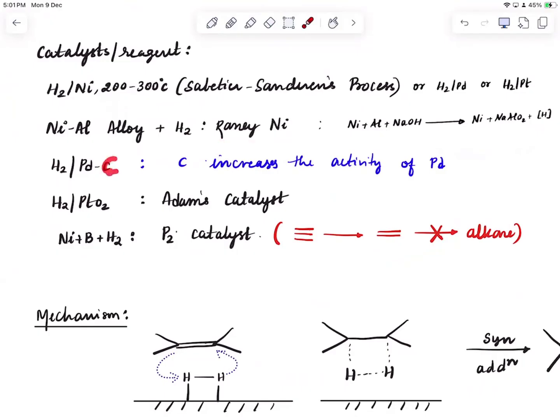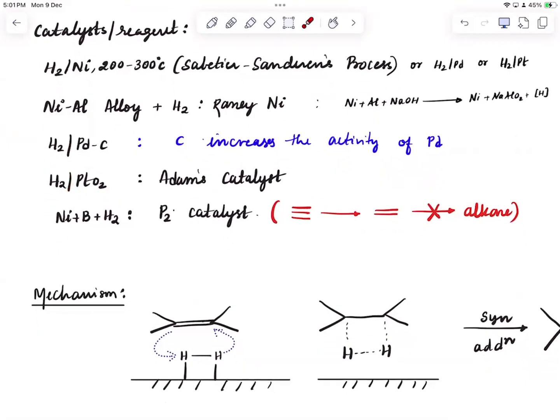If I take carbon, coke, and add palladium onto the carbon surface, it only increases the activity of palladium, and palladium on carbon will also be a much better catalyst for catalytic hydrogenation. PtO2: another way of increasing the activity is platinum in an oxide form, and then H2 gas will get adsorbed more easily.